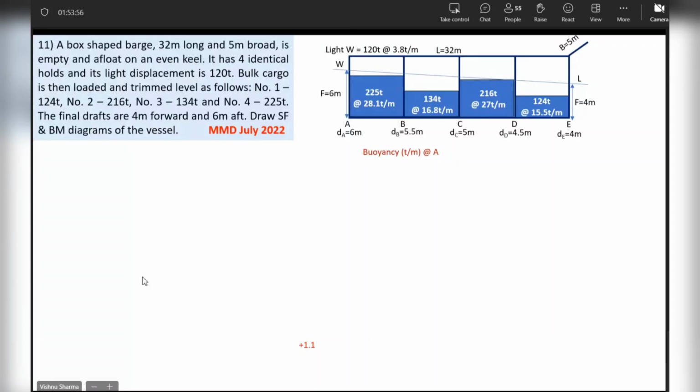Since it's seawater, multiplied by 1.025. Will this be the buoyancy per unit length at A? Please see and let me know if you have any question. Buoyancy in tons per meter at A will be draft 6 meters continuing for 1 meter length over the entire breadth of 5 meters, that is the volume, multiplied by 1.025. Is that clear, beta? Clear, guys?